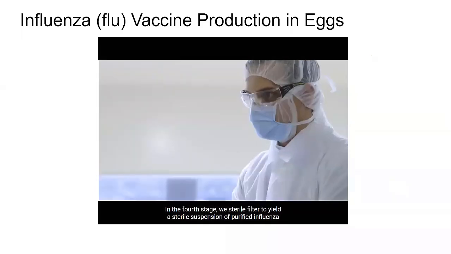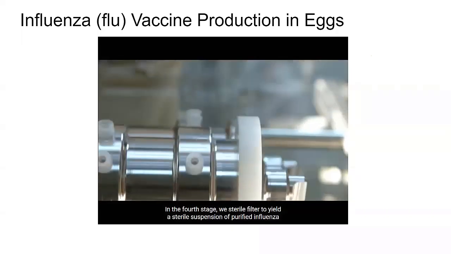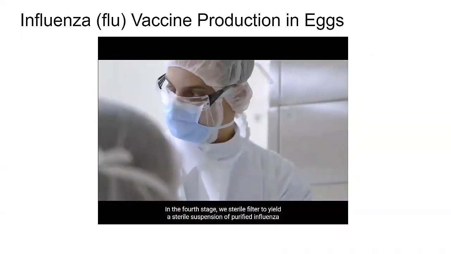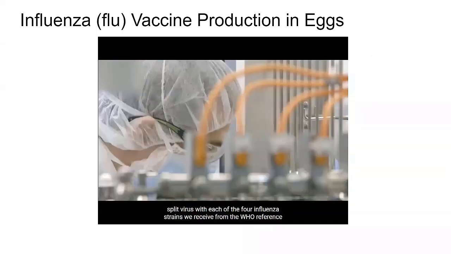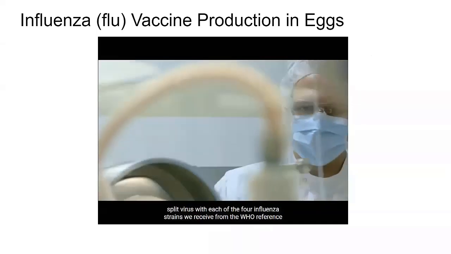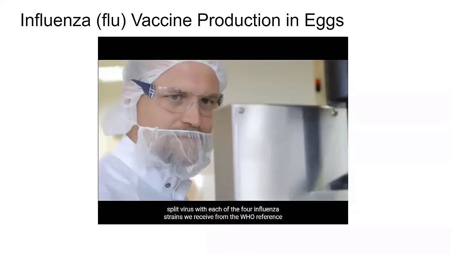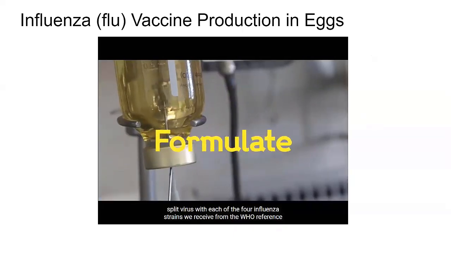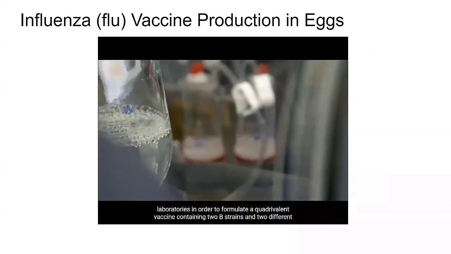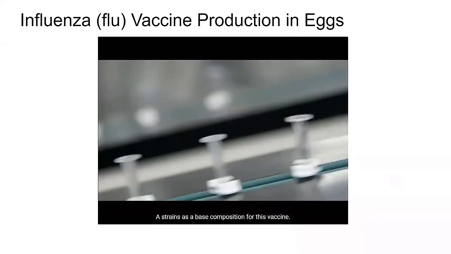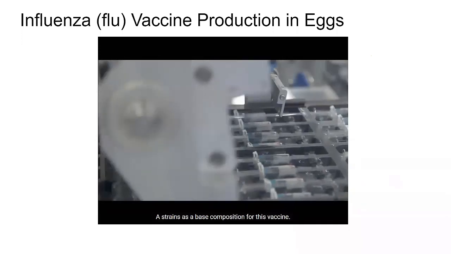In the fourth stage, we sterile filter to yield a sterile suspension of purified influenza split virus with each of the 4 influenza strains we received from the WHO reference laboratories in order to formulate a quadrivalent vaccine containing 2 B strains and 2 different A strains as a base composition for this vaccine.